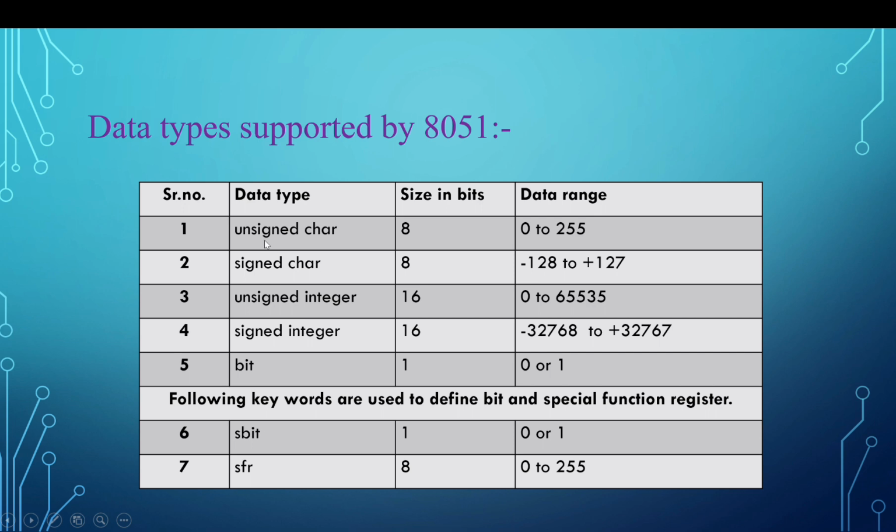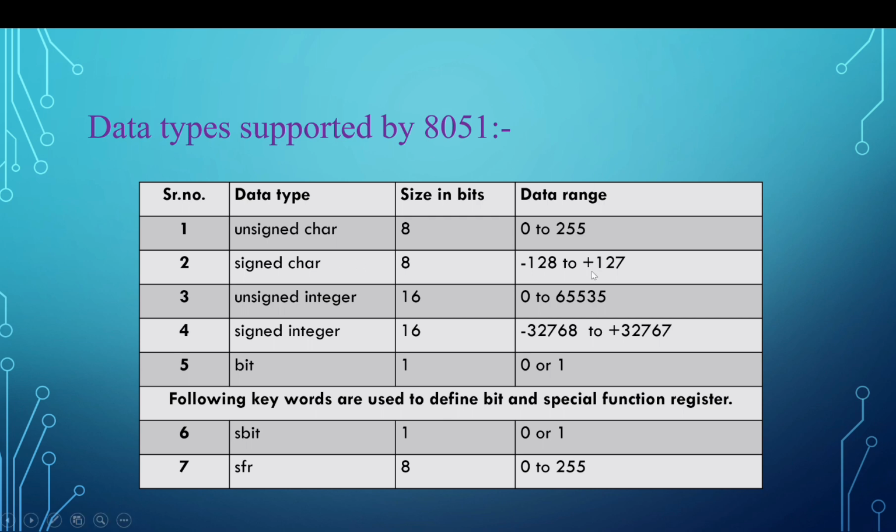Unsigned character is an 8-bit data whose value will always be positive. Therefore, it ranges from 0 to 255. Signed character is 8-bit data whose value can be positive or negative, so its range is -128 to +127.